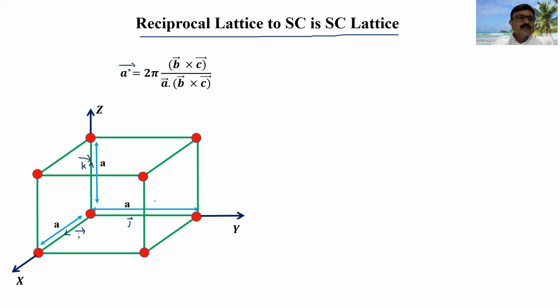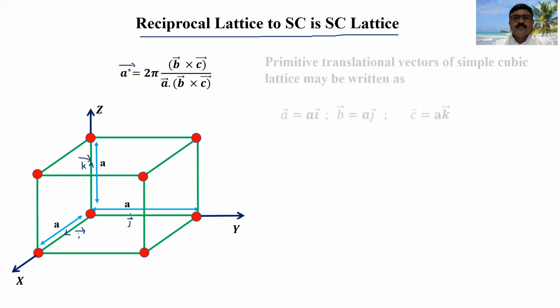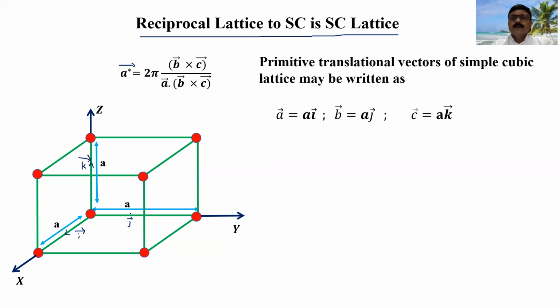Now we know that the vectors A, B, and C, which are along the x, y, z axes, can be represented in terms of their unit vectors. We can call them the primitive translational vectors of the simple cubic, which can be represented as vector A is equal to its magnitude multiplied by the unit vector, A into i.